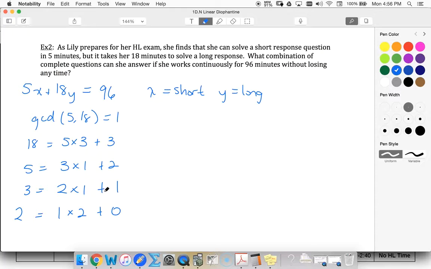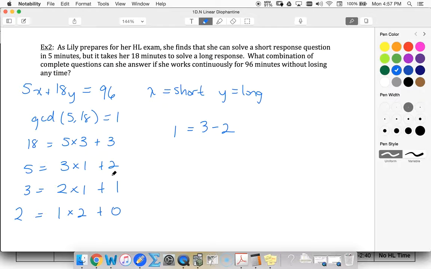So there was my GCD of 1, and I can use my equations to say that 1 is equal to 3 minus 2.